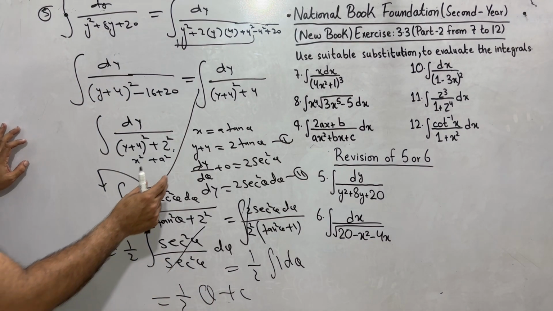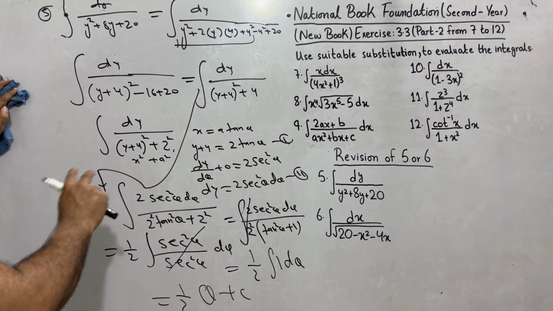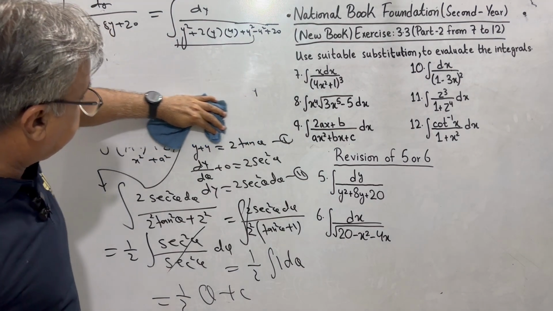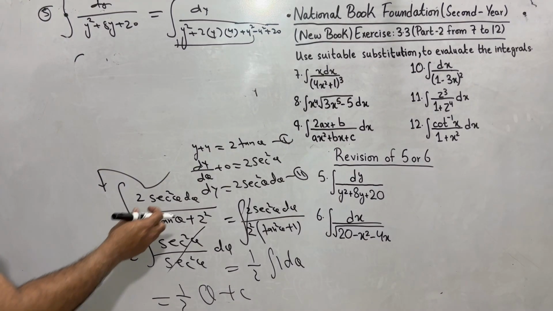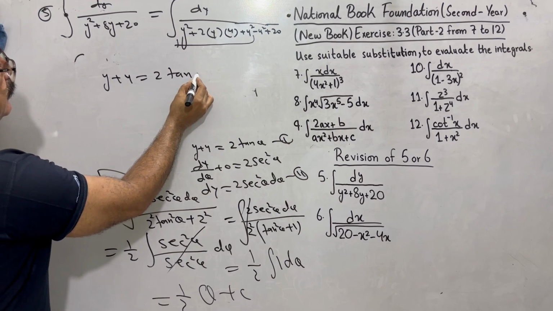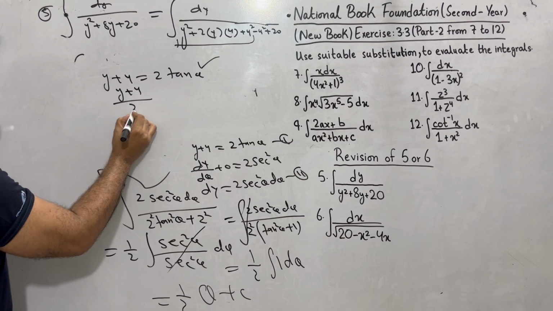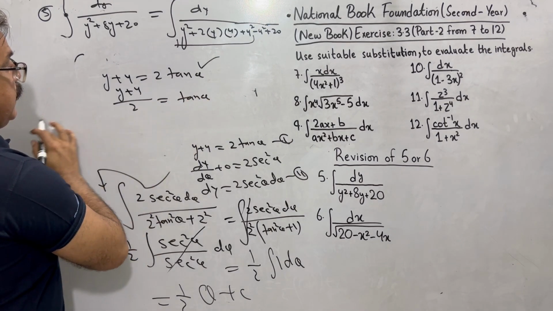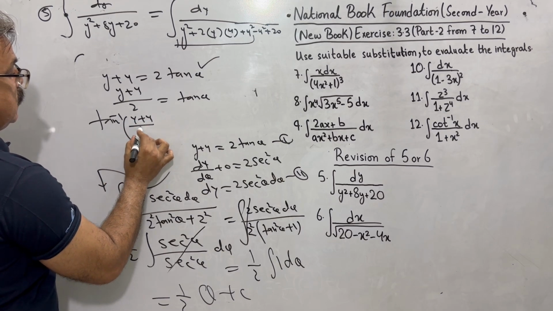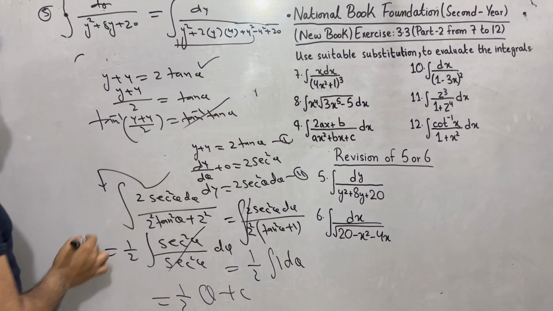Re-put the value of theta. We assumed that y plus 4 is equal to 2 tan theta. We are interested in theta. Shifting 2 here, y plus 4 divided by 2 is equal to tan theta. Taking tan inverse both sides, they are neutralized.